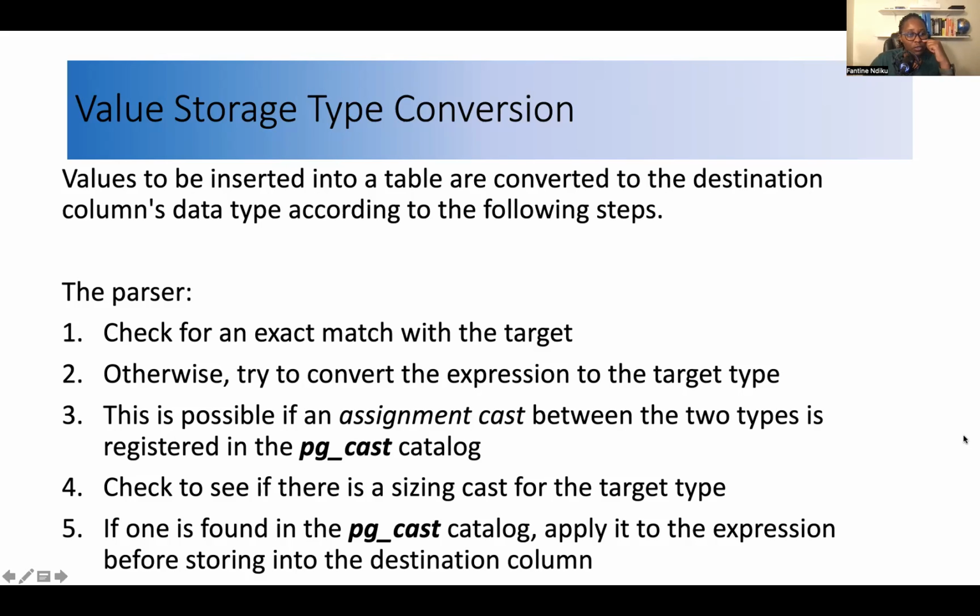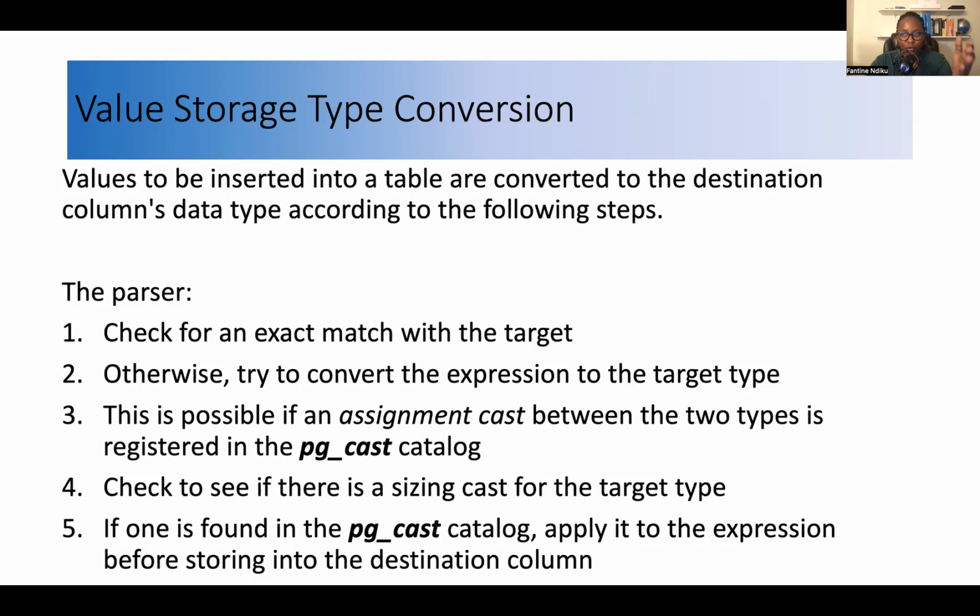So these are the steps the parser is going to follow. It will check for an exact match with the target. Otherwise, try to convert the expression to the target type. This is possible if the assignment cast between the two types is registered in the pg_cast. So here in the system, we have another catalog we call pg_cast. It will try to see if there is a possibility to cast between the data that you want to insert in the column and the data type of the target column.